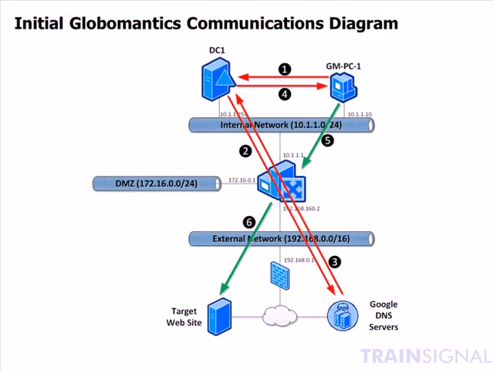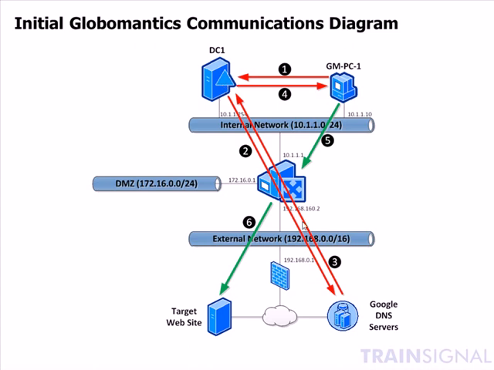Before we keep going, I just wanted to give you an idea of how DNS is going to operate in the GlobalMantics environment and why it was important that we open up that DNS rule. First of all, you'll notice we have step 1, which is traffic from the GlobalMantics PC1 to the domain controller. This is that initial DNS query once a user opens up Internet Explorer. Because the DNS entry is not local, the domain controller has to send it off somewhere else for other handling, the DNS server on the domain controller.